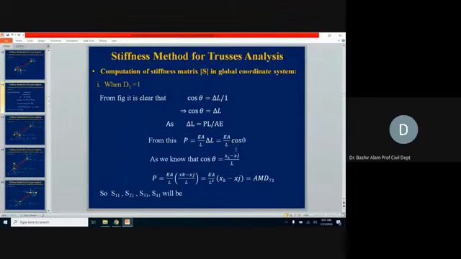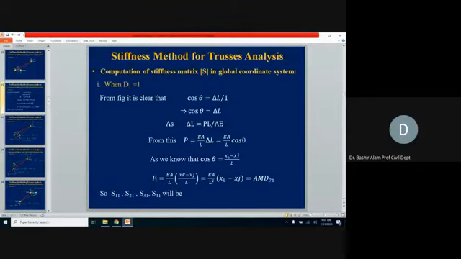Our cos theta we already know in terms of the coordinates: it is equal to xk minus xj divided by L. So now we can write P, the force produced in the member, equal to EA over L times xk minus xj divided by L. L times L will become L square.